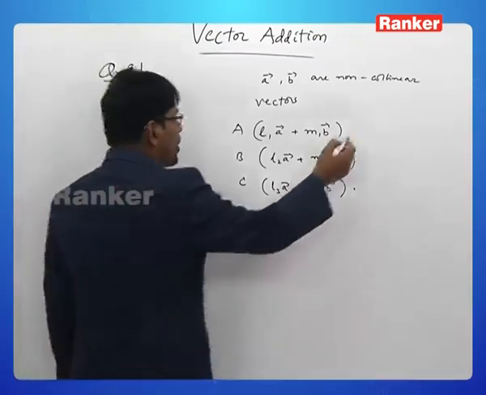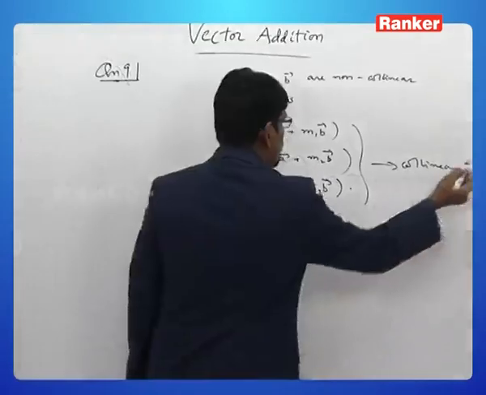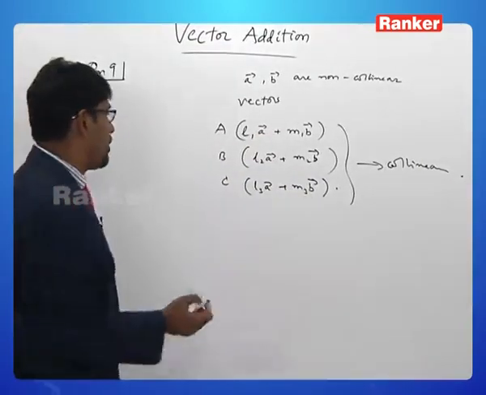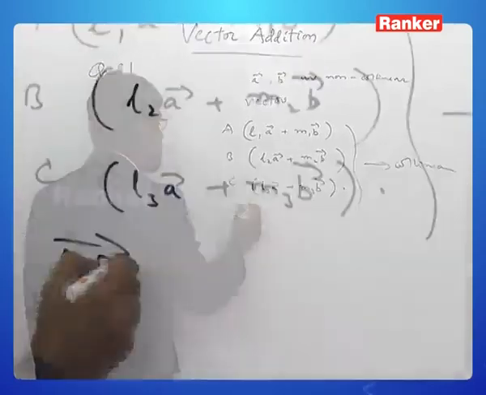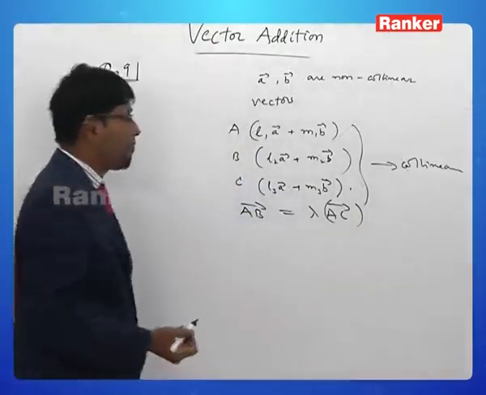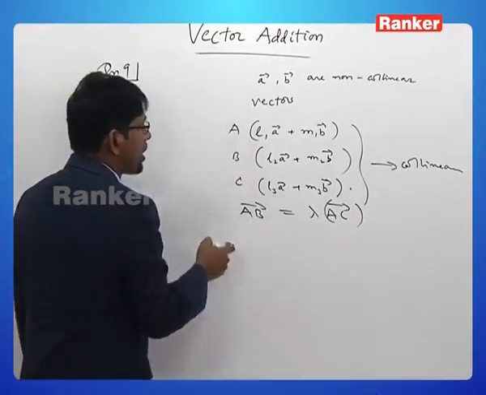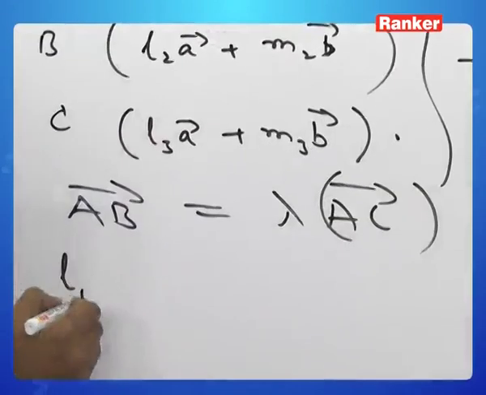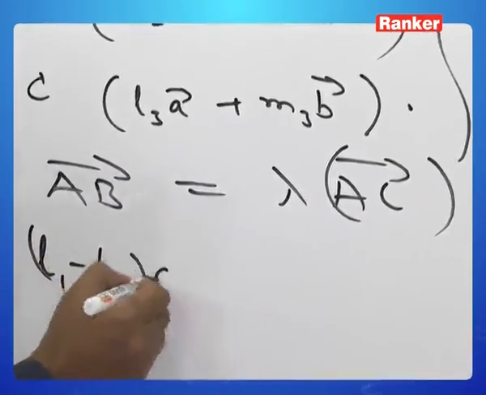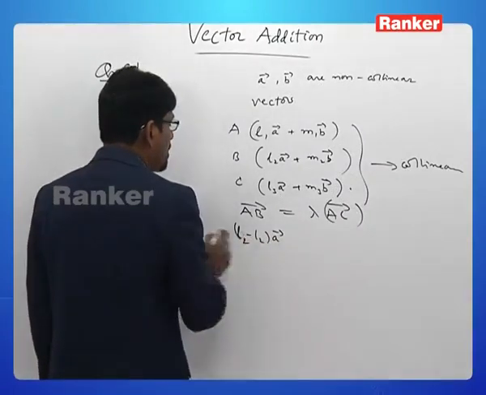Now these 3 points are collinear. When are 3 points collinear? That means AB vector has to be equal to some lambda times AC vector. So what can I say here? How do I write AB vector?